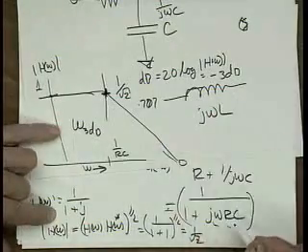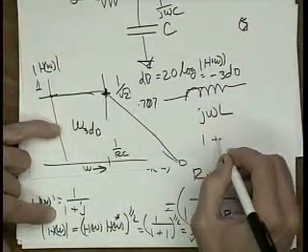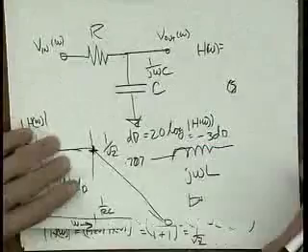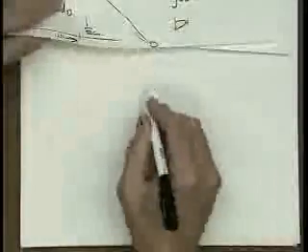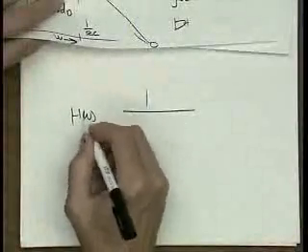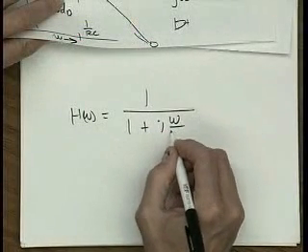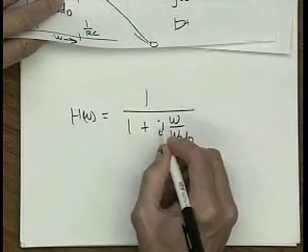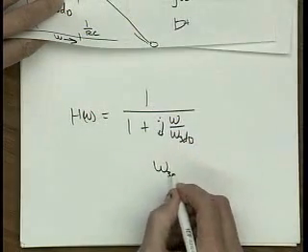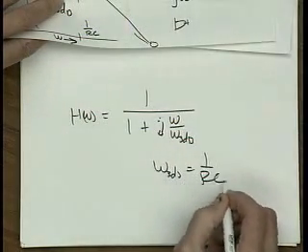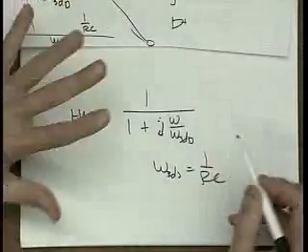So we often write our transfer function as H of omega equals 1 over 1 plus j omega over omega 3 dB. Omega 3 dB for this case is equal to 1 over RC. So this is a single pole response.